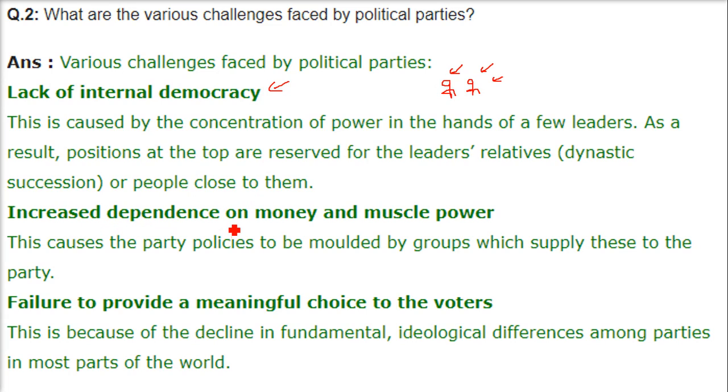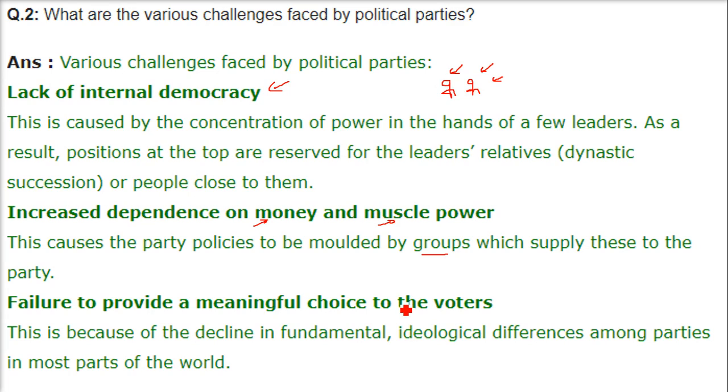Then there is increased dependence on money and muscle power, and this causes the party policies to be molded by the groups which supply these to the party, that is the money and the muscle power, paisa or bahubal. Then there is failure to provide meaningful choices to the voters.